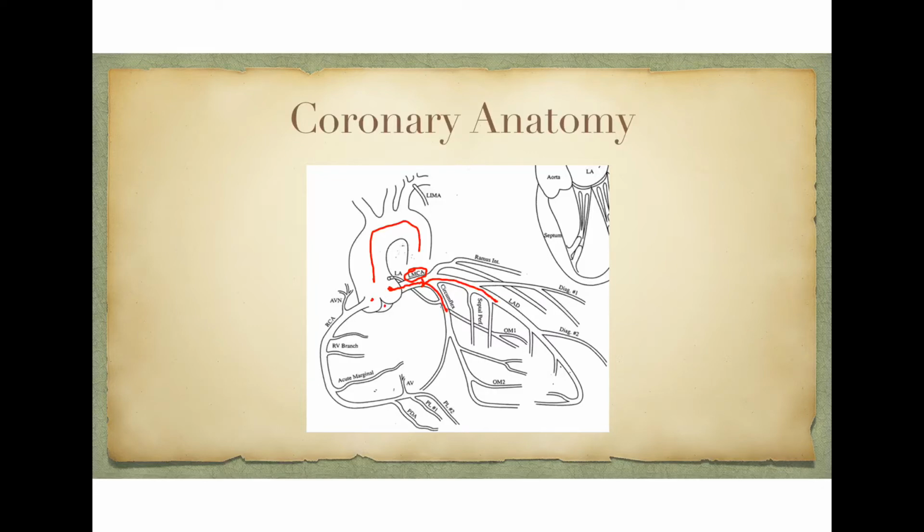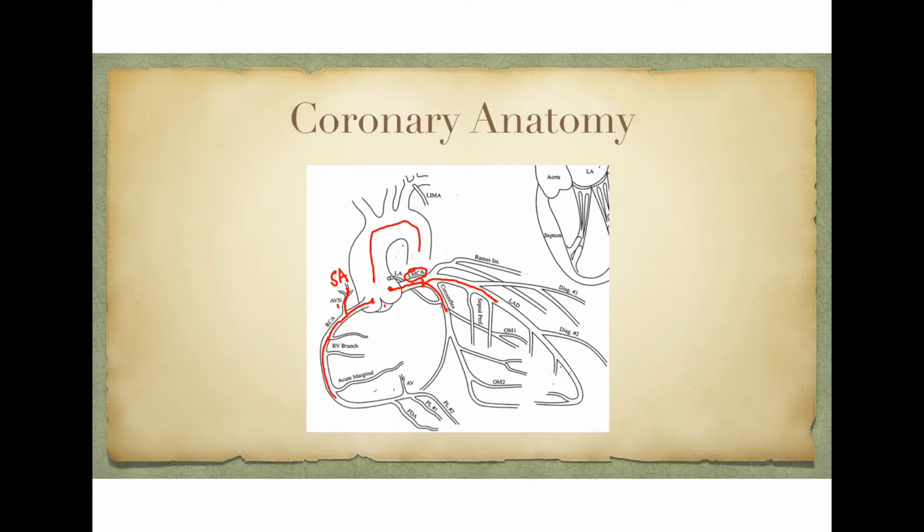And these will supply the bulk of the anterior and lateral portions of the LV myocardium. On the right side, the right coronary cusp gives off the right coronary artery. Early on in the course of the right coronary artery, it gives off a small vessel which supplies the SA node.